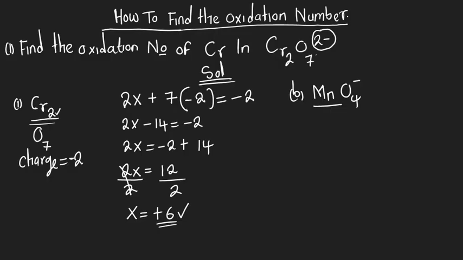Are we going to say 2x or x? X. Okay, so let me put them together first. How many atoms of manganese? 1 atom. How many atoms of oxygen? 4 atoms. What is the charge of oxygen?